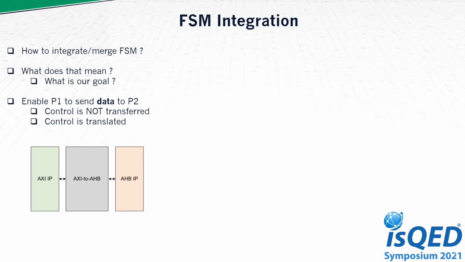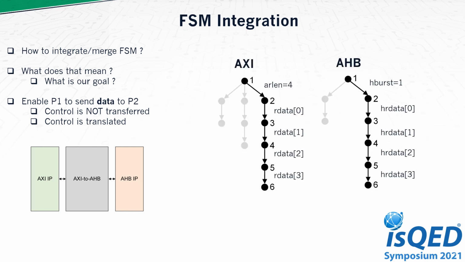The reason we are concerned with sending only data is because control signals are not transferred, but rather just translated. So for example, let's look at the AXI example from before and attempt to send data to a simplified AHB protocol. In this example, our goal is to send 4 read transactions between the two protocols. Looking at the highlighted paths, the solution is clear. Our data from AXI should be transferred as HR data for AHB.